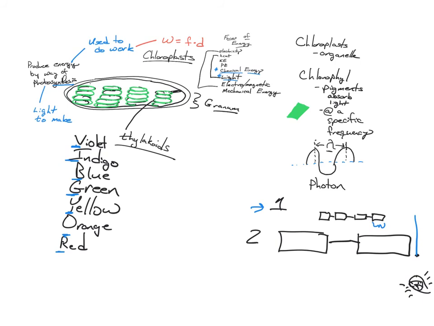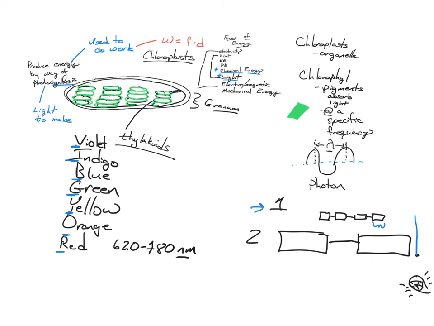Let's see, if we say red is 620 to 780 nanometers. Nanometers is a very small measurement. We talked about that last week, right? Actually, I made some copies, but I haven't copied enough for everyone.